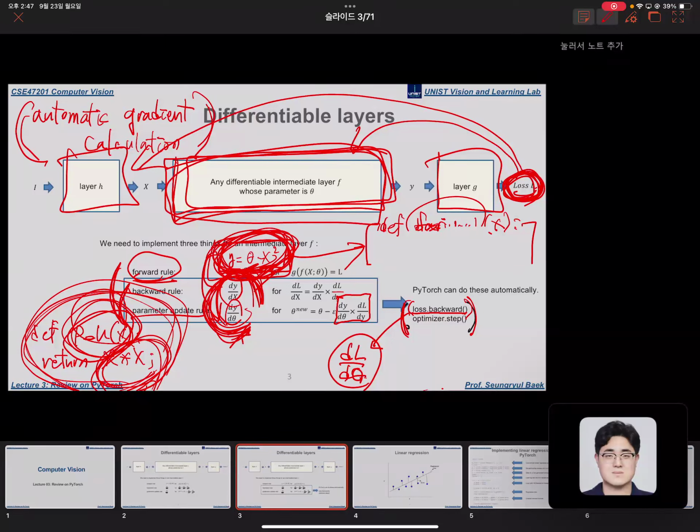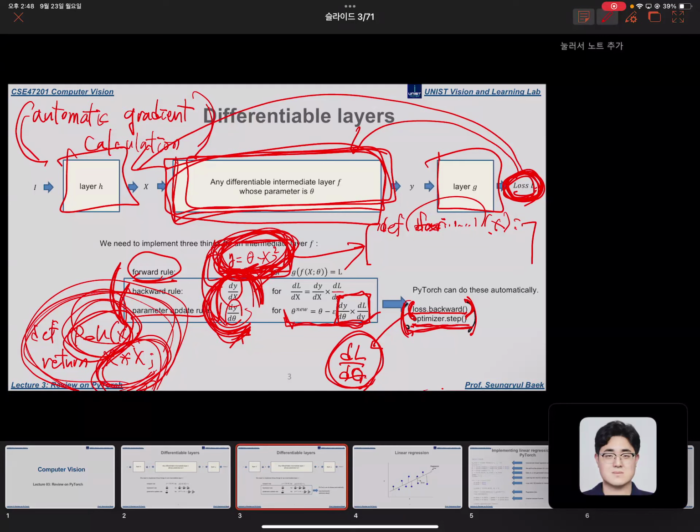I will re-explain this in the context of the whole code in a later slide. But anyways, if you call this one line of code, dL/dθ is calculated. And also, if you call this one line of code, optimizer.step, then the parameters are updated once. Are you guys following this?